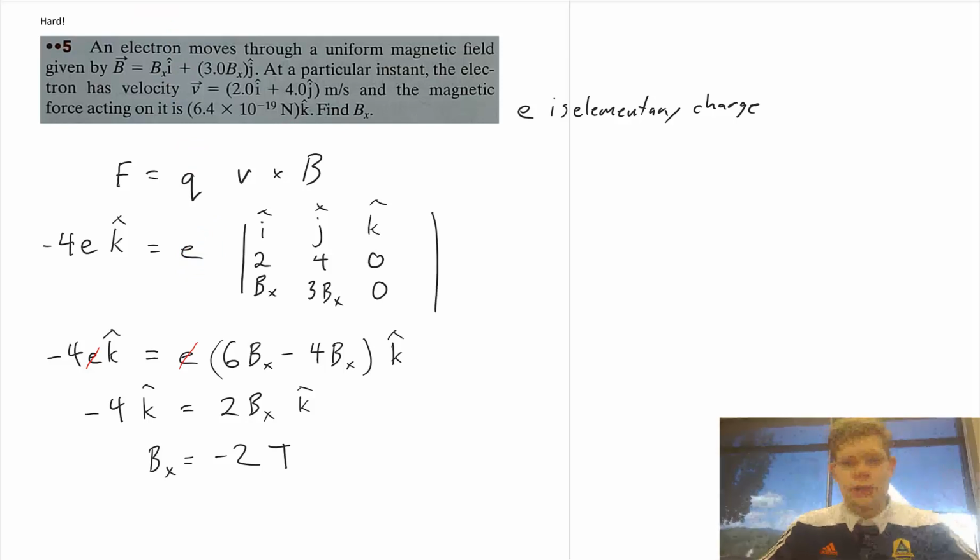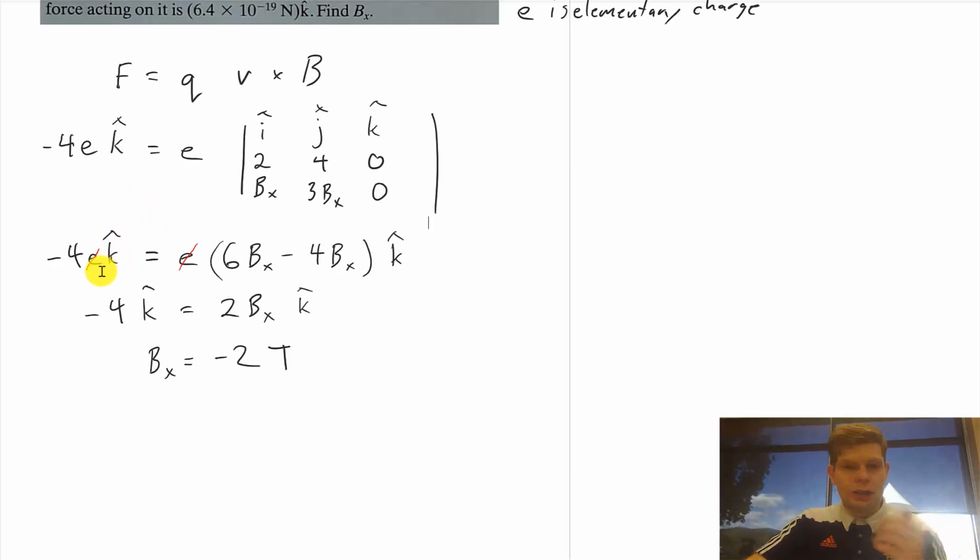Anyway, we do our lovely cross product, and again, since neither of them have a k component, guaranteed that's going to be the direction of the answer. It's either going to be in the positive z-axis or negative z-axis, because it's got to be perpendicular to the plane defined by these two vectors, which are both in the xy plane. So yeah.